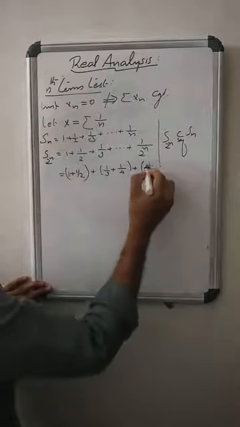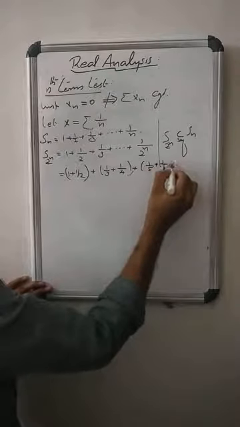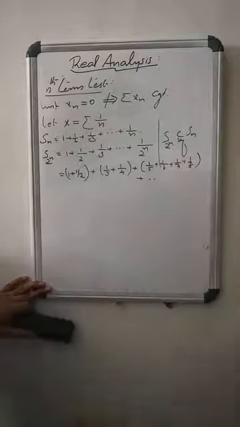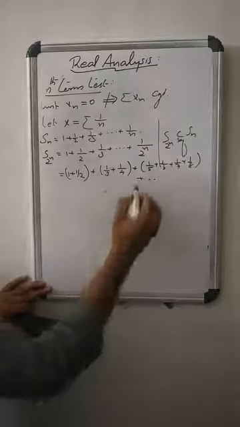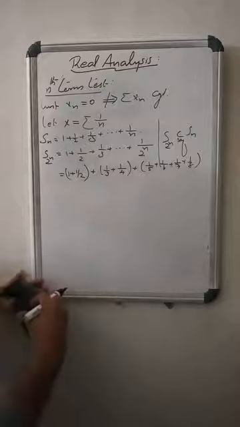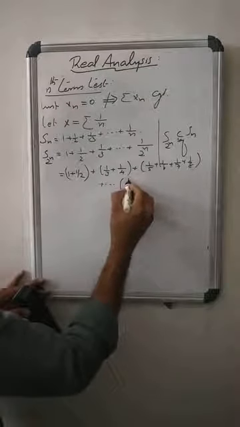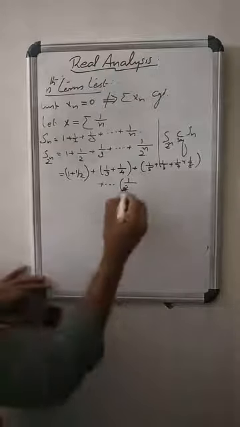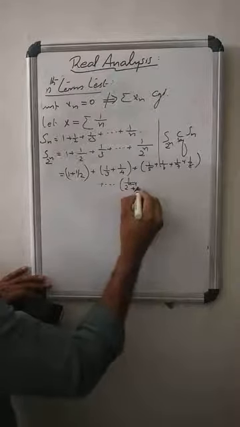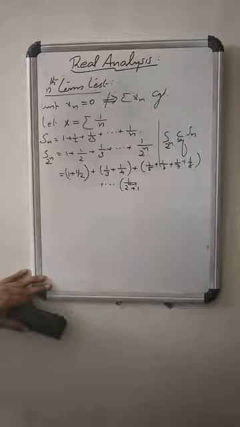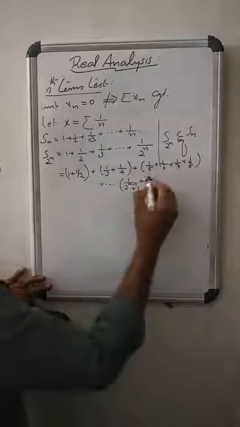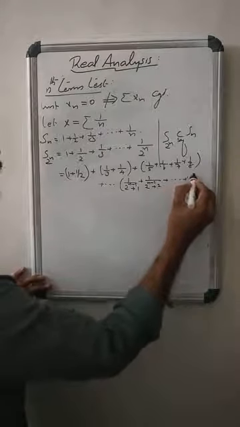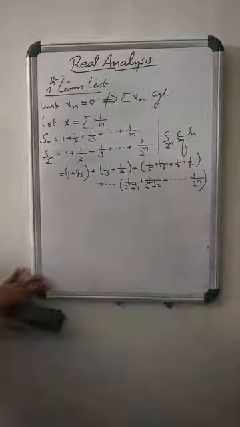Plus the next term is 1 by 5 plus 1 by 6 plus 1 by 7 plus 1 by 8 plus etc. plus 1 by 2 power n minus 1 plus 1, plus 1 by 2 power n minus 1 plus 2, plus etc. plus 1 by 2 power n.